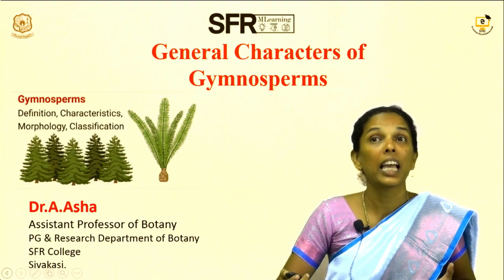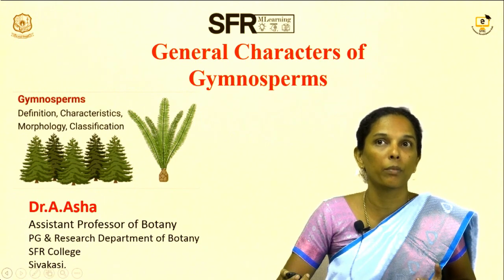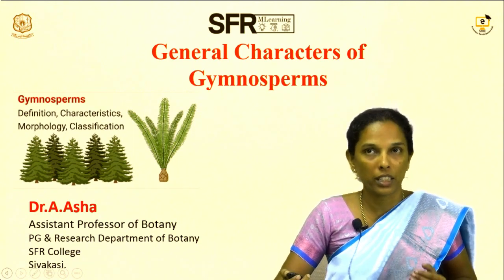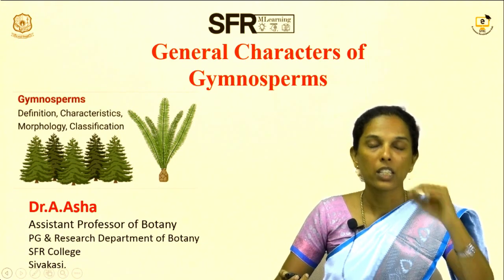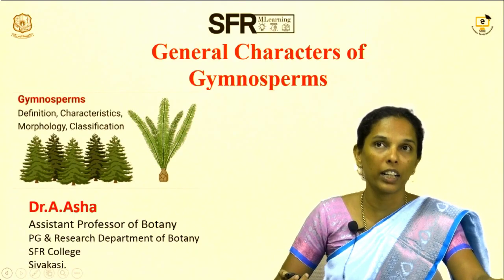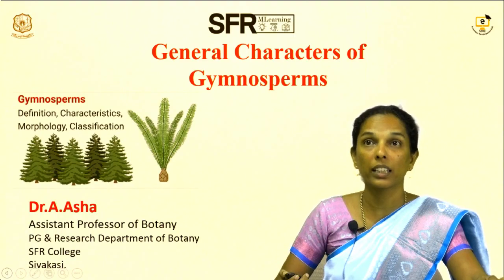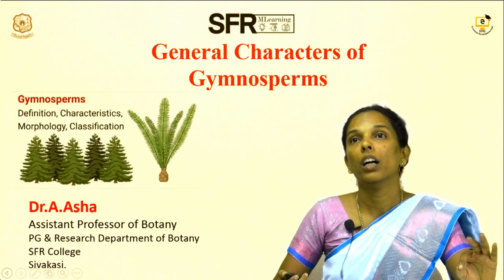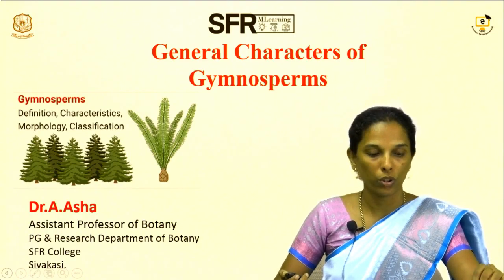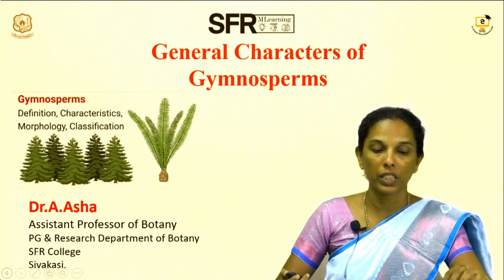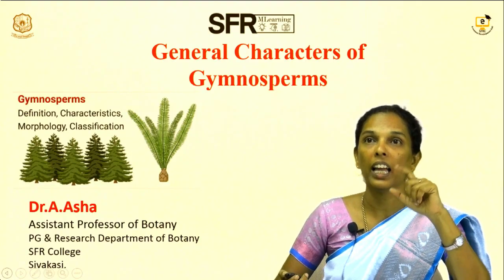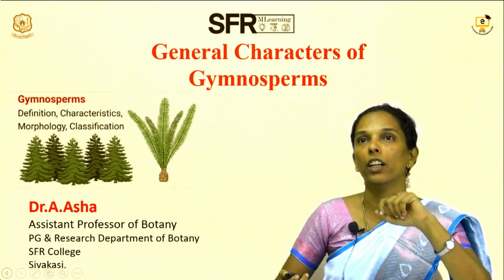An example of a fossil form is Williamsonia. Okay, this is a very good example. These fossil plants lived in the Mesozoic era, in the Paleozoic period, above 3000 years ago. So the gymnosperms are a bridge between the angiosperms and pteridophytes.